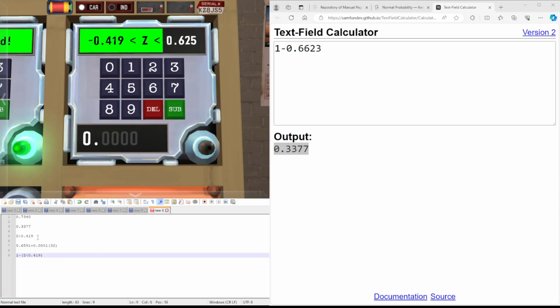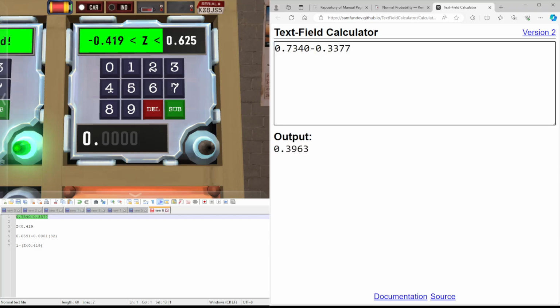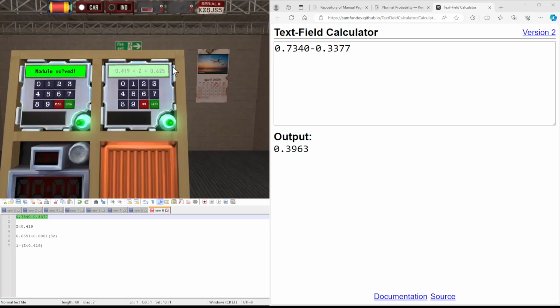So again, this is the value we calculated just now, but we need 1 minus that value. So if you calculate the wrong side, you can just subtract it from 1. So now, doing this calculation, we get 0.3963, which in a sanity check, I think that looks right. And it was.